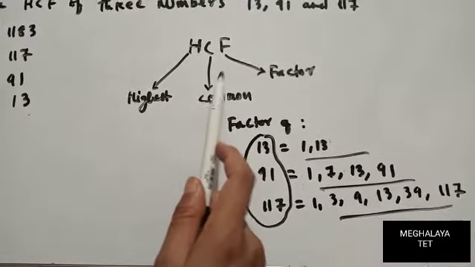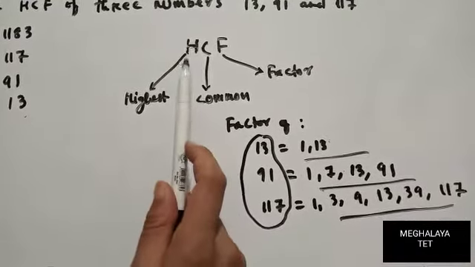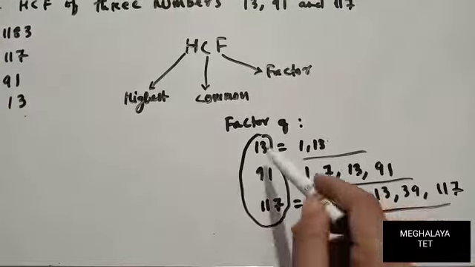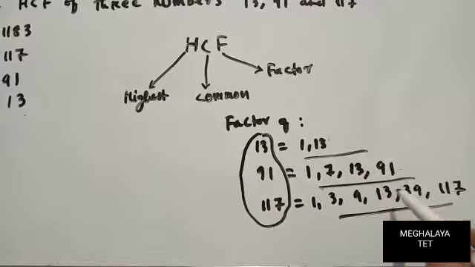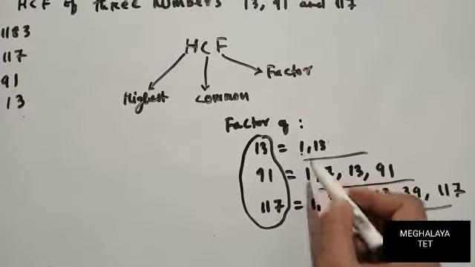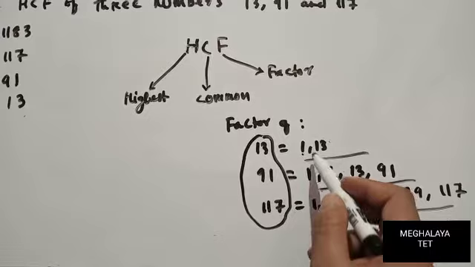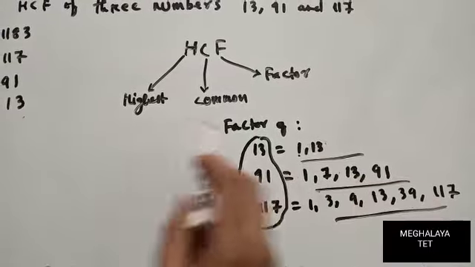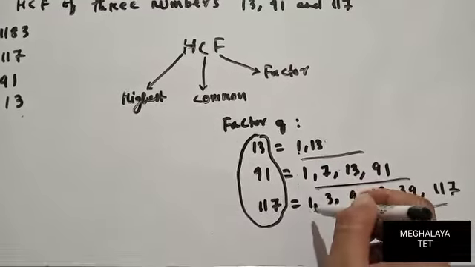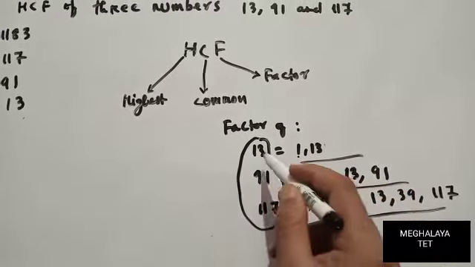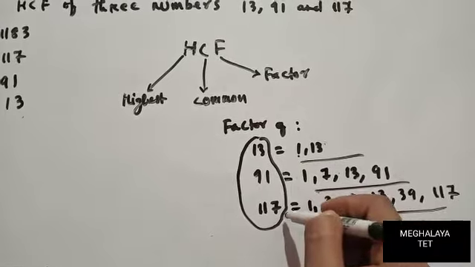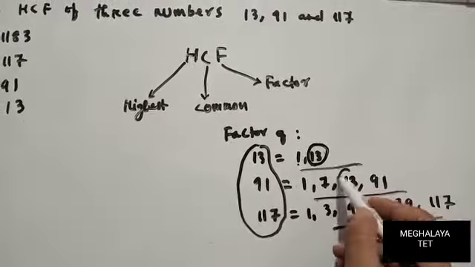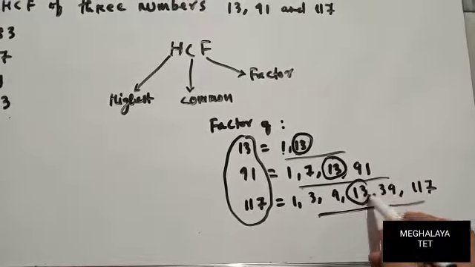We have to discuss the HCF now, the highest common factor. These are the factors of the three numbers and we have to find the highest common one. If we just look, 1 is present in all three numbers, but it is the least common factor. But for the highest common, if you see, 13 is here, here also 13, and here also 13.